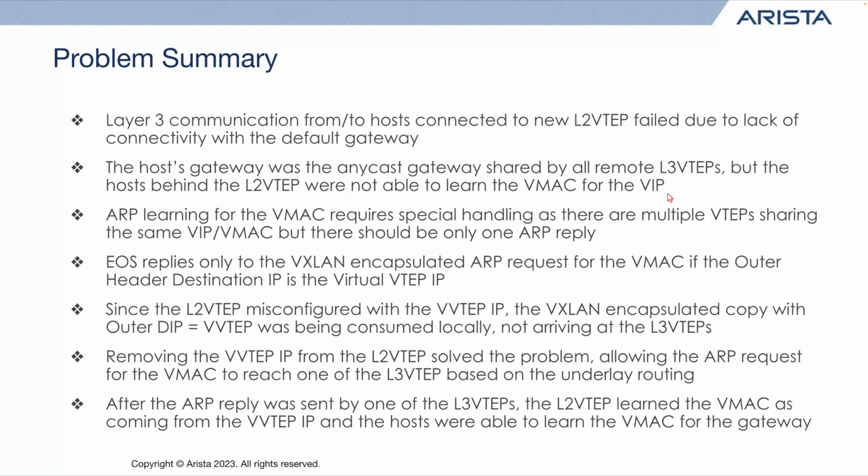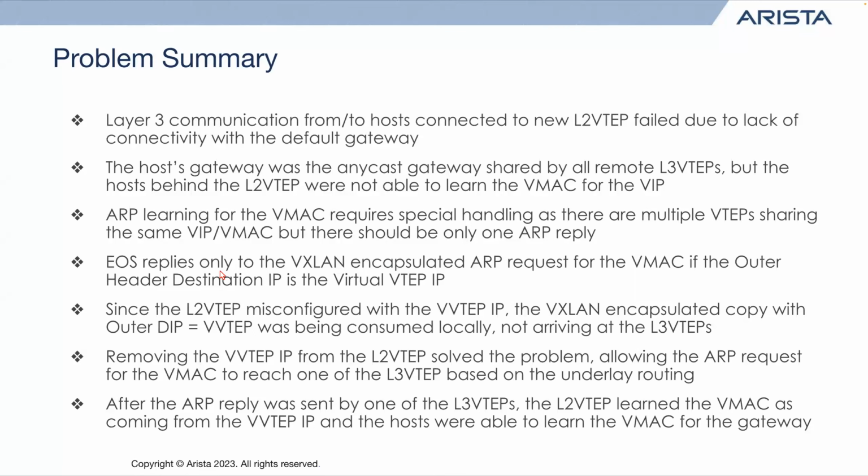And this is because we have this special ARP handling when we are trying to figure out the virtual MAC associated to the virtual IP. There is a requirement of this special handling using the virtual VTEP, so we can ensure that only one ARP reply will be sent back to the source.